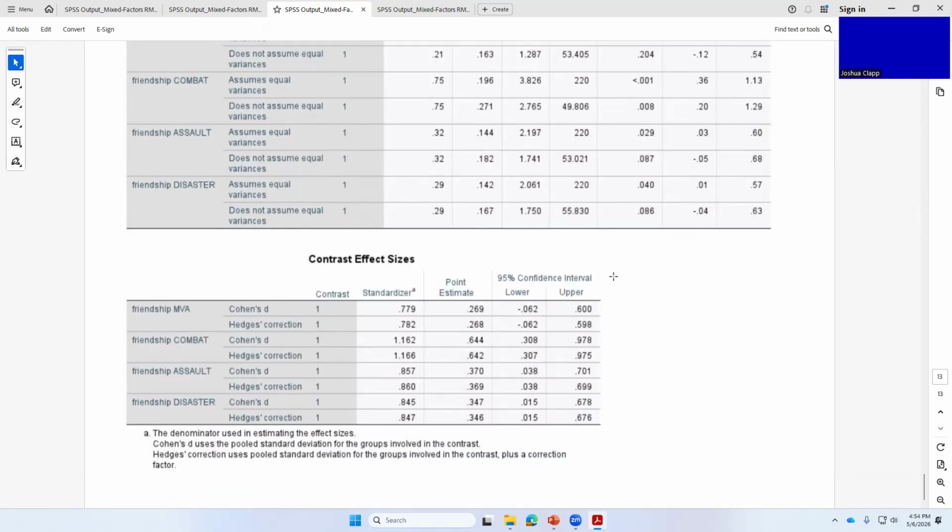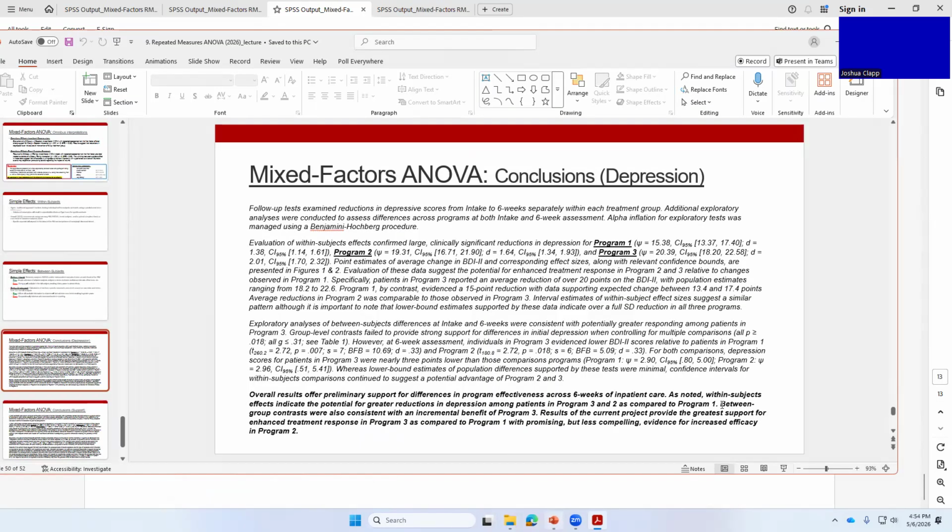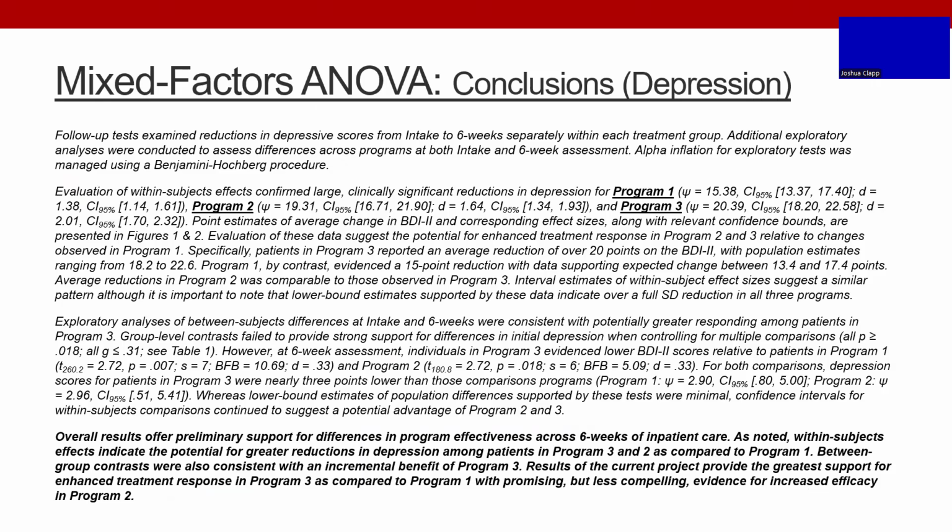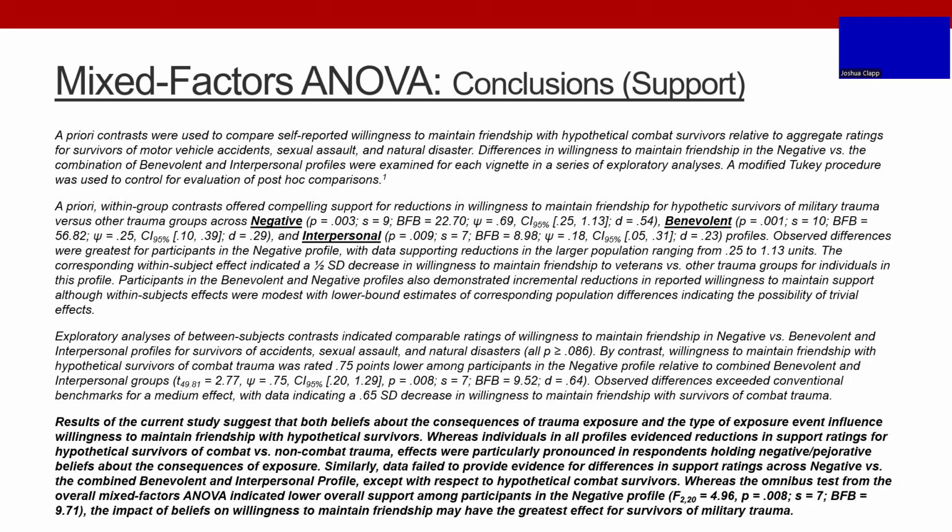Okay. So if we go back and close out with this, kind of pulling this up, right? We're saying a priori comparisons were used to compare self-reported willingness to maintain friendship with hypothetical combat survivors relative to aggregate ratings of survivors of motor vehicle accident, sexual assault, and natural disaster.